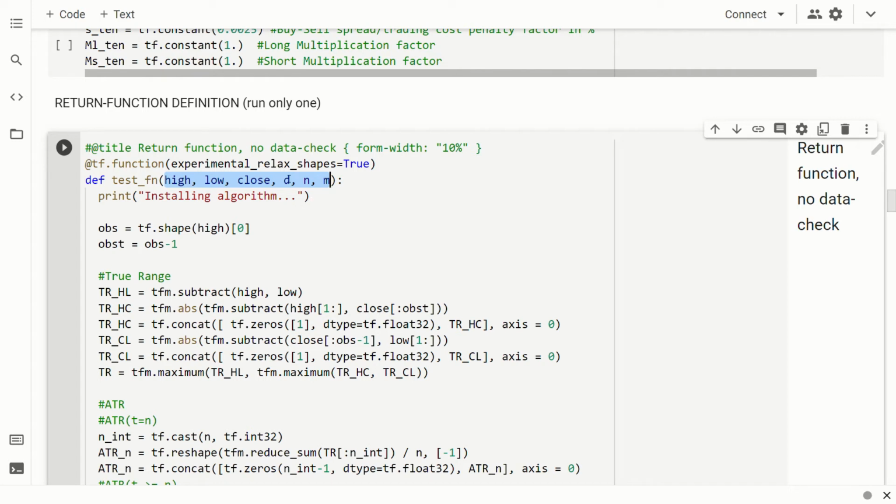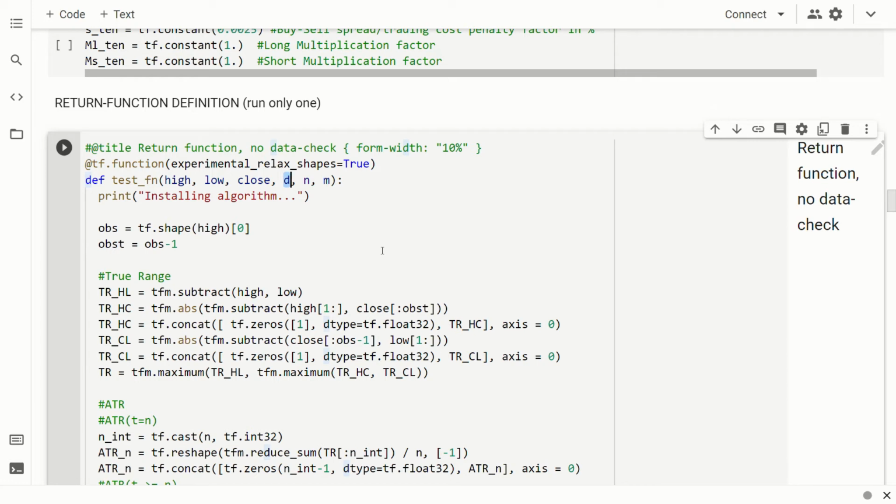Now, N and M are the two parameters of the ATR technique. D is the time parameter of the moving average function that is used as false signal detector.